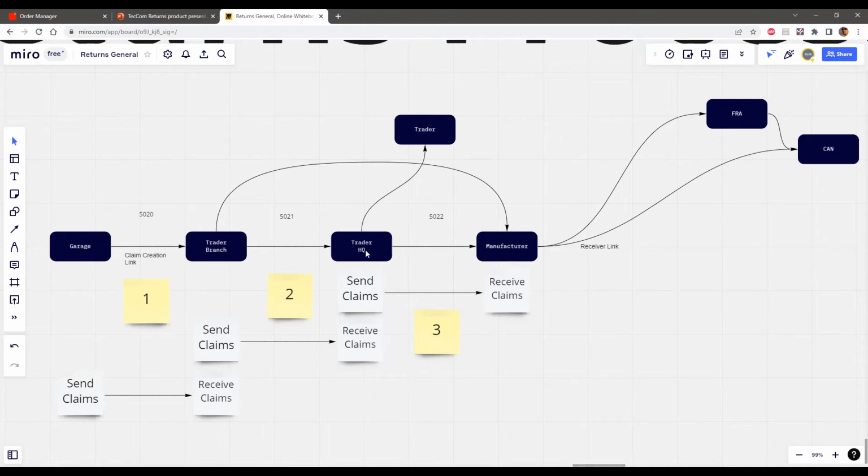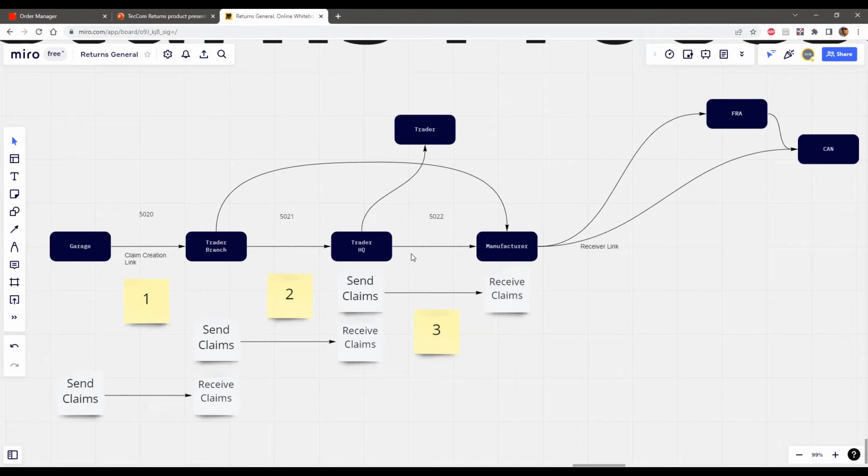So what happens directly with it? I will ask, the garage will answer, and so on and so on. In the end, when the manufacturer decides this claim, either positive or negative, they will give a note, maybe by email or by call.